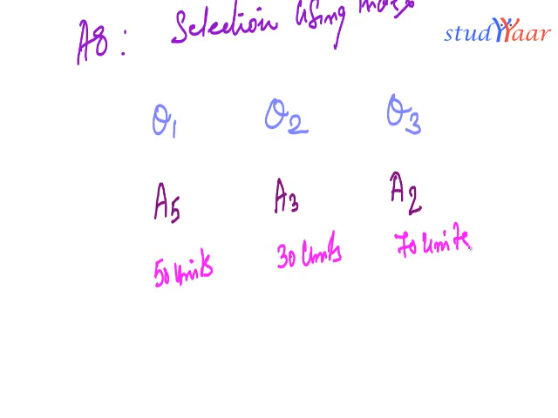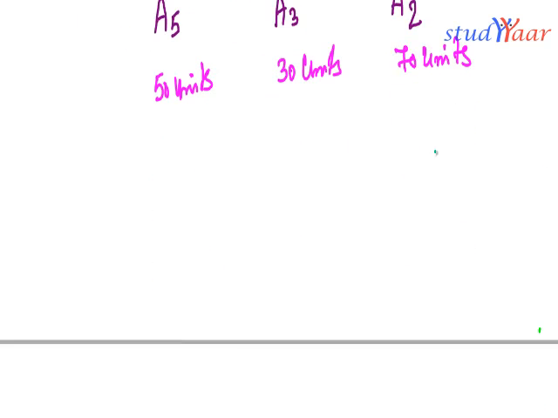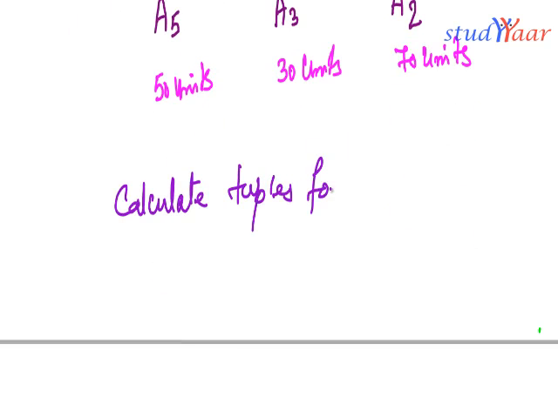Out of these I realize that my theta2 has the least cost. So now I calculate the tuples based on condition theta2.